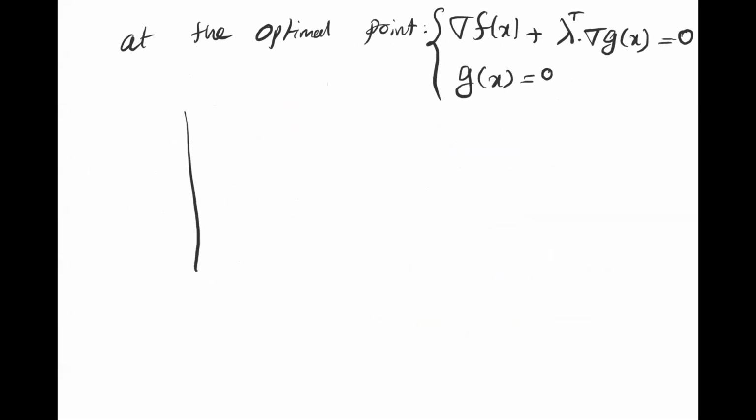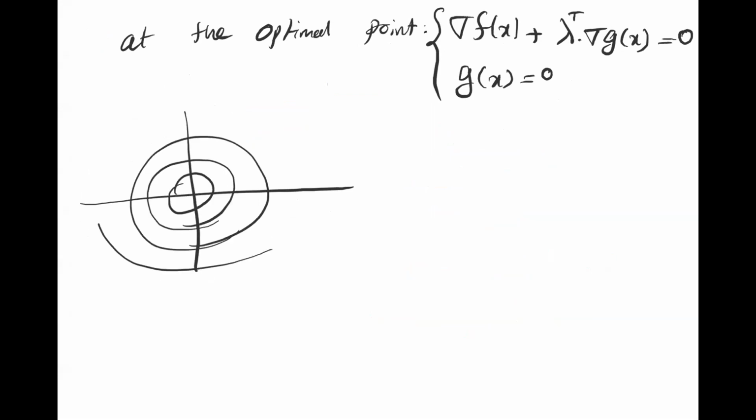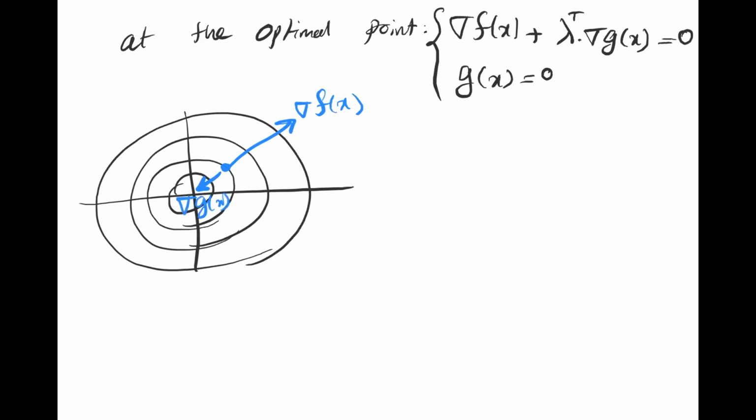Let's go back to our example. We had different circles for our function. This is the direction for the gradient of f of x. This is the direction for the gradient of g of x, or our equality constraint.